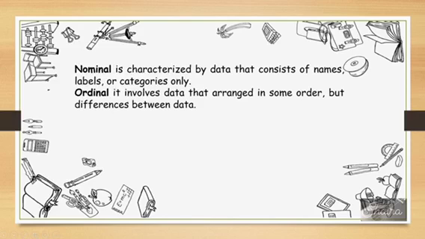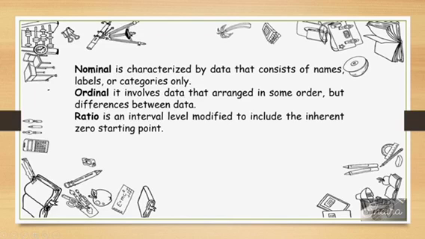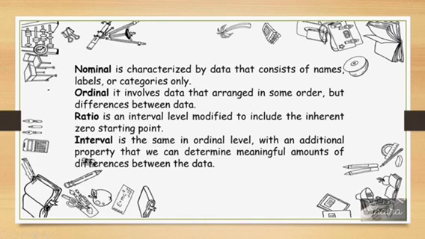It involves data that are arranged in some order but differences between data are not meaningful. Ratio is an interval level modified to include the inherent zero starting point. And lastly, the interval, it is the same as the ordinal level, with an additional property that we can determine meaningful amounts of differences between the data.